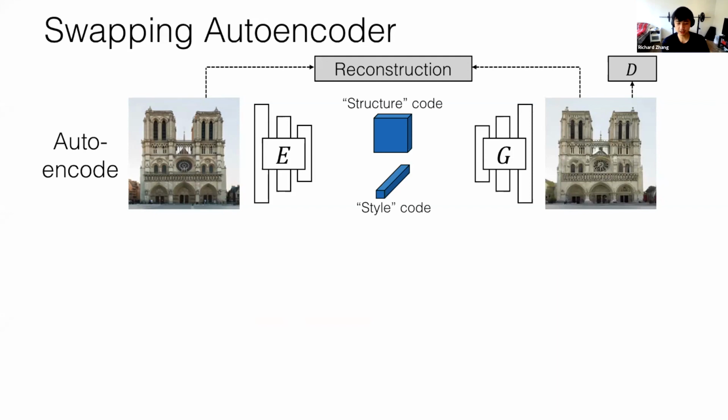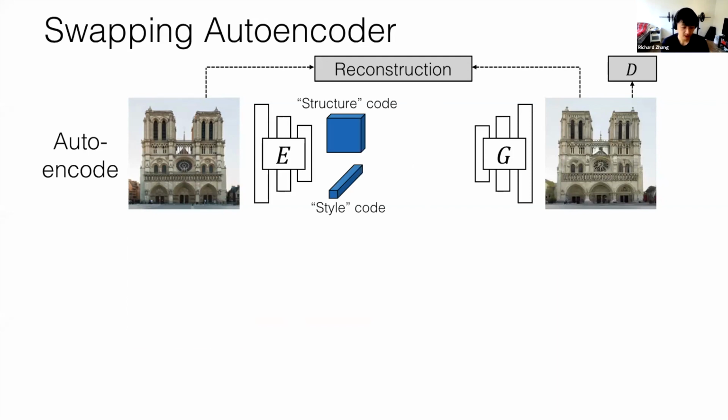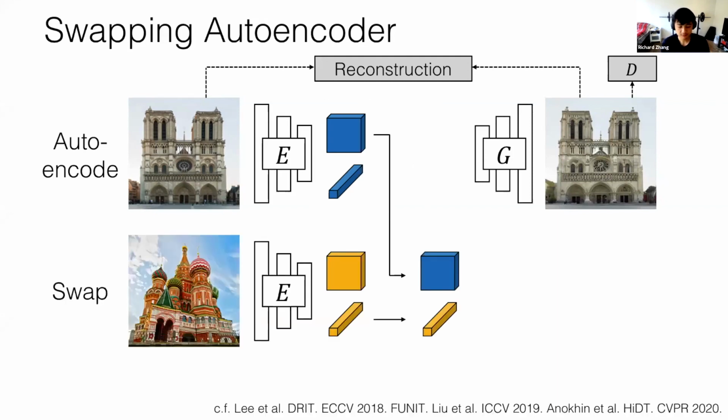Now, how do we get these codes to actually do these things? Well, we use this tool called swapping, which has also been explored in some cool recent works. The idea here is that we'll use a second image, in this case, St. Basil's Cathedral.